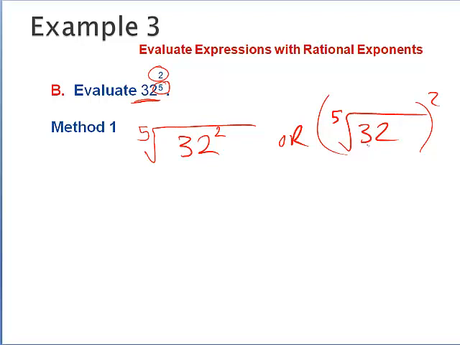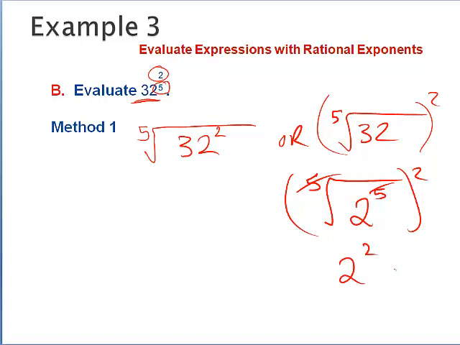To simplify 32, 32 is the same as 2 to the 5th. So I can cancel those, so I'm left with 2 squared, which is equal to 4.